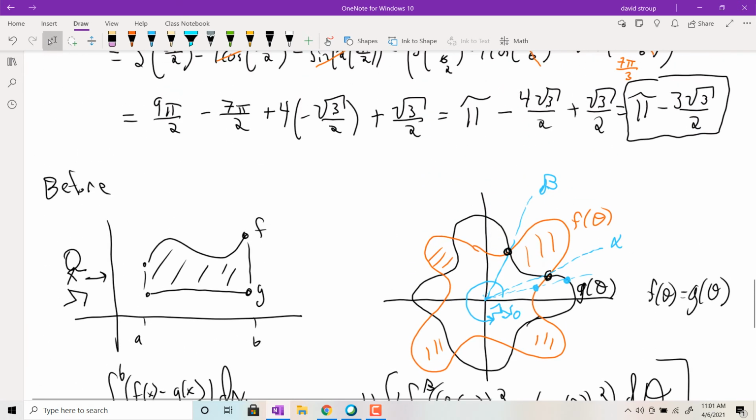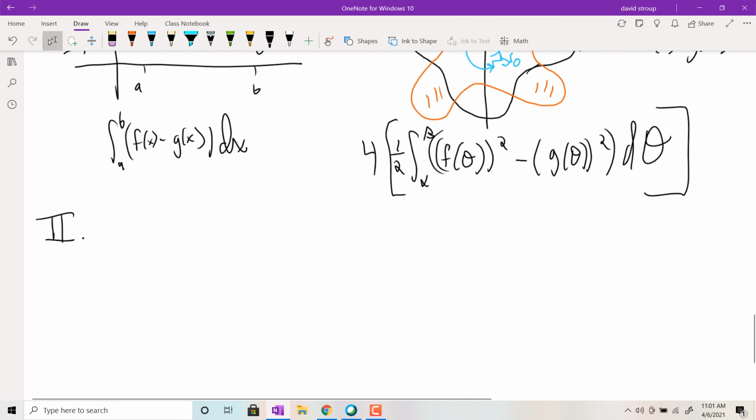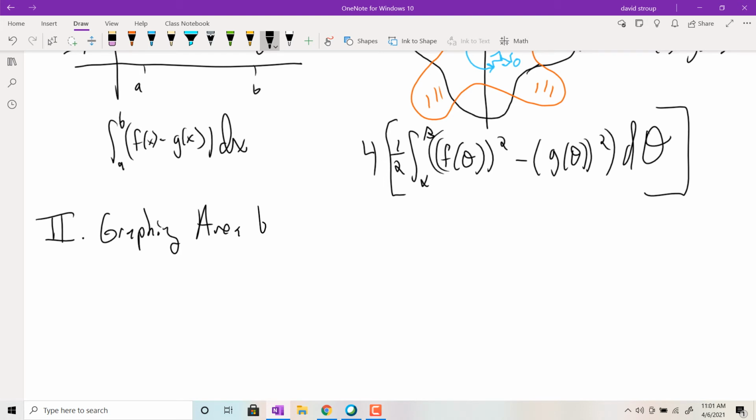So this is now kind of a graphing area between polar curves. And the first thing we need to establish is how to get these intersection points.